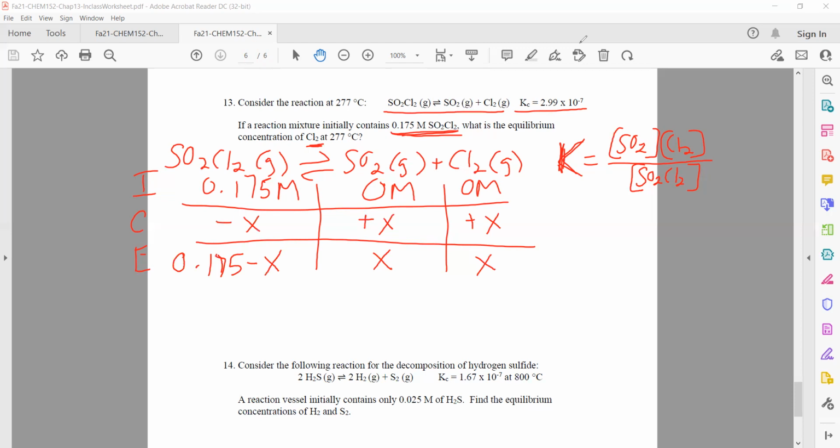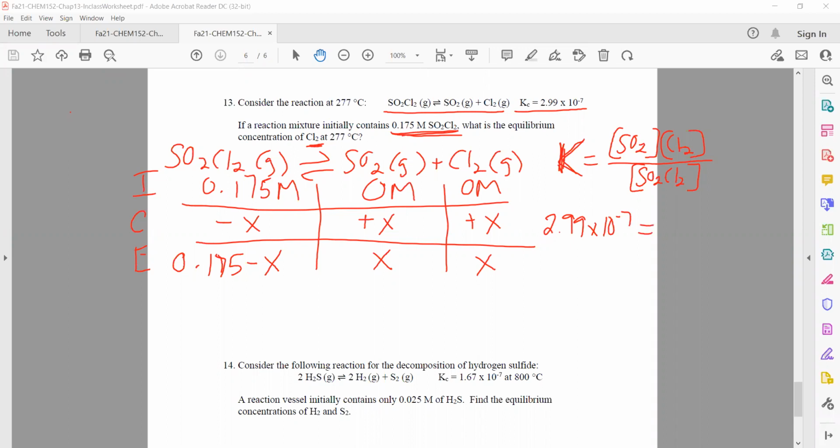So now at this point, because we know K, we can plug in our unknowns. K is equal to 2.99 times 10 to the minus 7th.